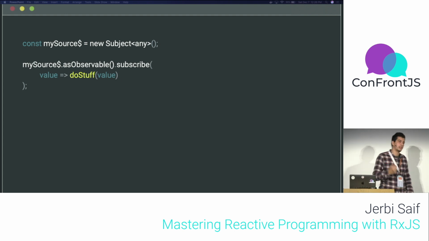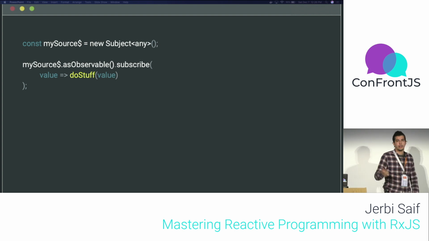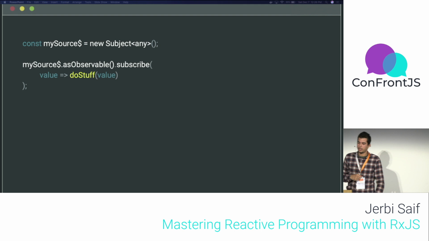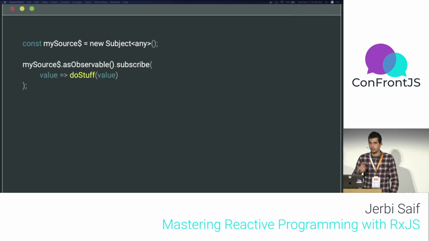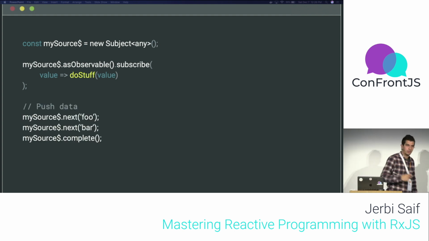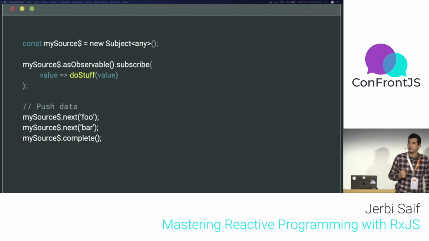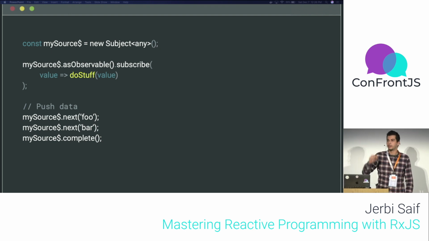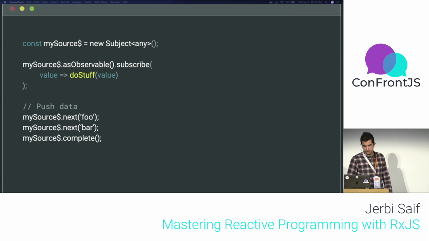For example, if you initiate this subject and provide an API that can access it, you just return your subject as an observable. After that, you just call next, and the data will be pushed on this subject, and all the subscribers will be notified by this data.